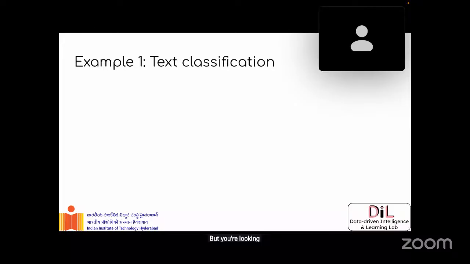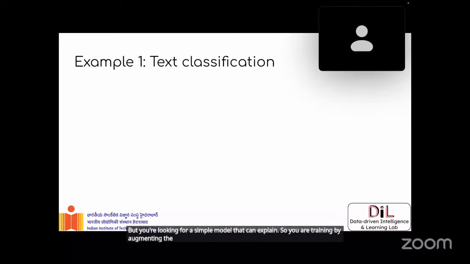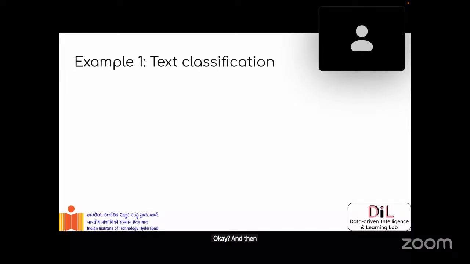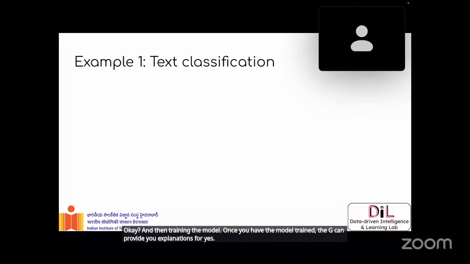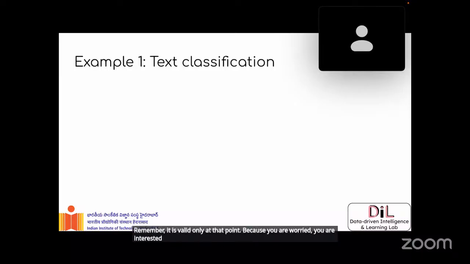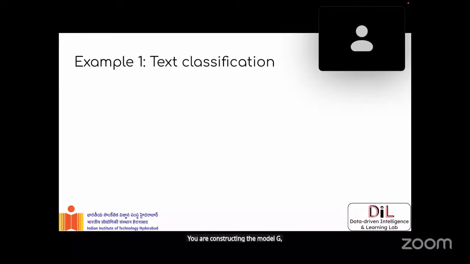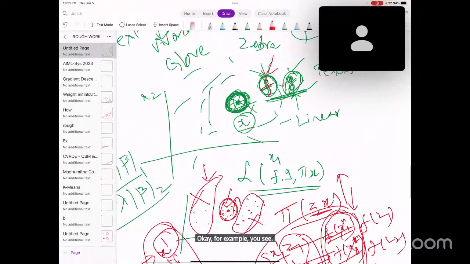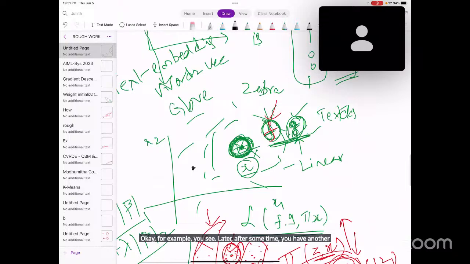Intuition is basically you have a very sophisticated black box model, but you are looking for a simple model that can explain it. So you are training by augmenting the one sample you have, and then training the model. Once you have the model trained, the G can provide you explanations for F. Remember, it is valid only at that point. Because you are interested to explain that sample's inference, you are constructing the model G only for explaining that sample X. For example, later you have another point X2 here.